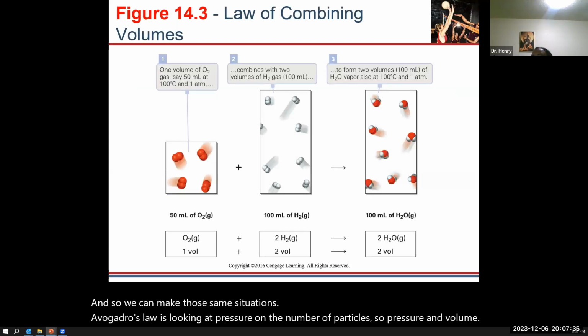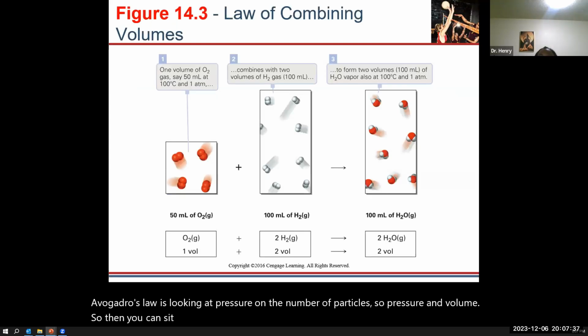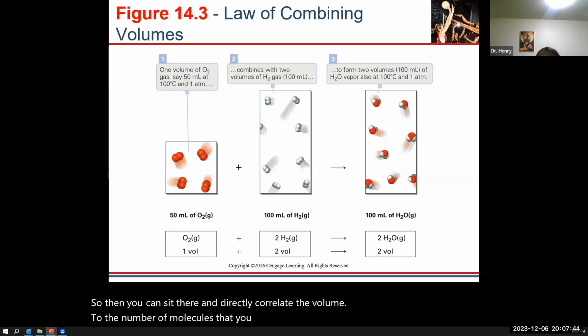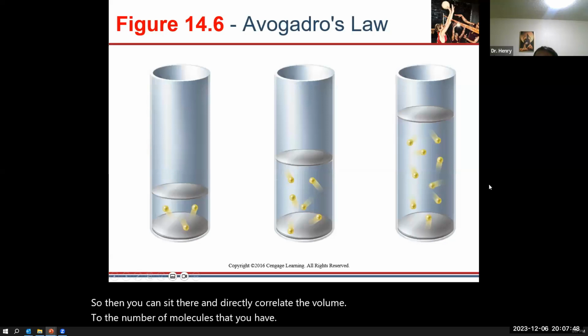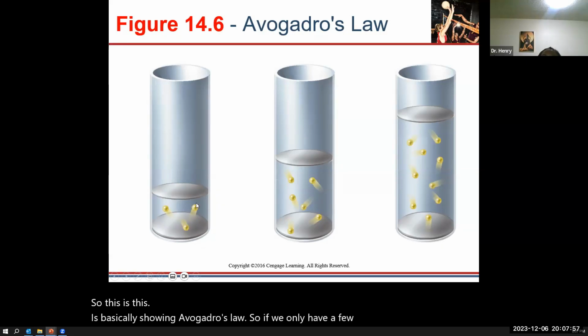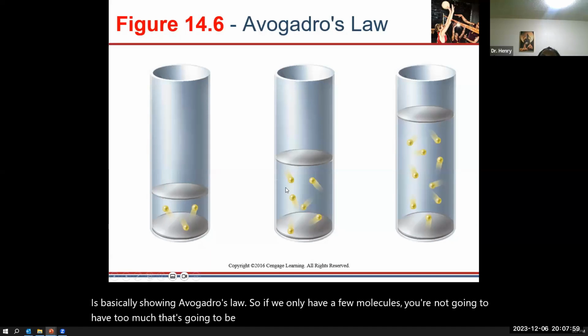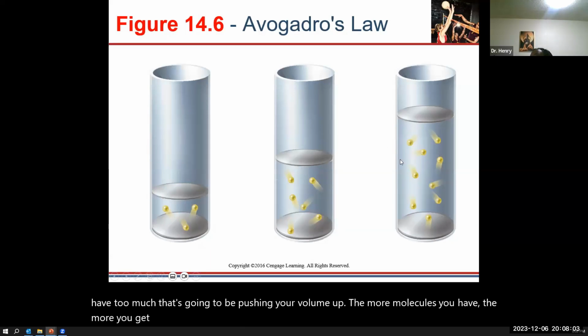So you can directly correlate the volume to the number of molecules that you have. So this is basically showing Avogadro's law. If we only have a few molecules, you're not going to have too much pushing your volume up. The more molecules you have, the more pushing you're going to get.